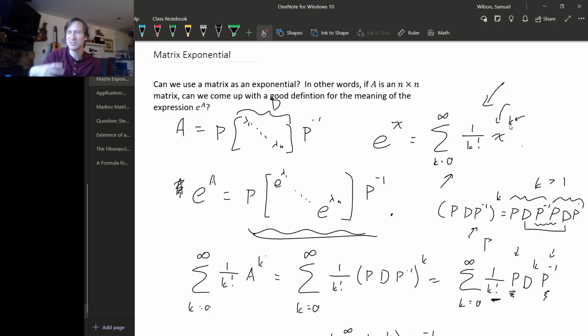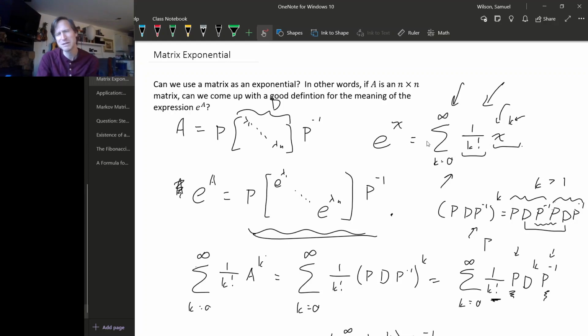When you raise a matrix to larger and larger powers, in general the entries in the resulting product get bigger and bigger. So what you have to show is that in this matrix product, once you divide by k factorial, the entries settle down. They don't remain so large that this sum becomes undefined.